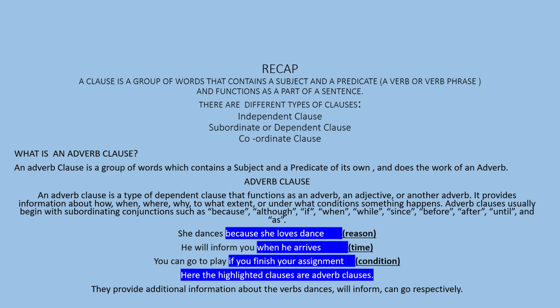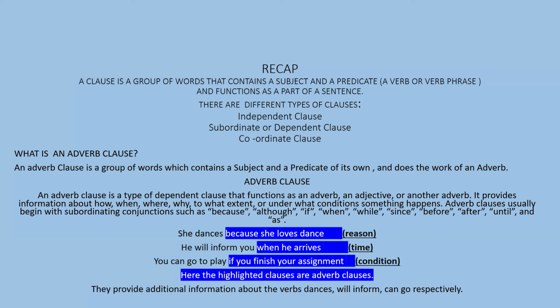Let's see some examples. She dances because she loves dance. This is the reason. Here, the clause is providing additional information about the verb dance. He will inform you when he arrives. It speaks about the time when he arrives, when he will inform you.